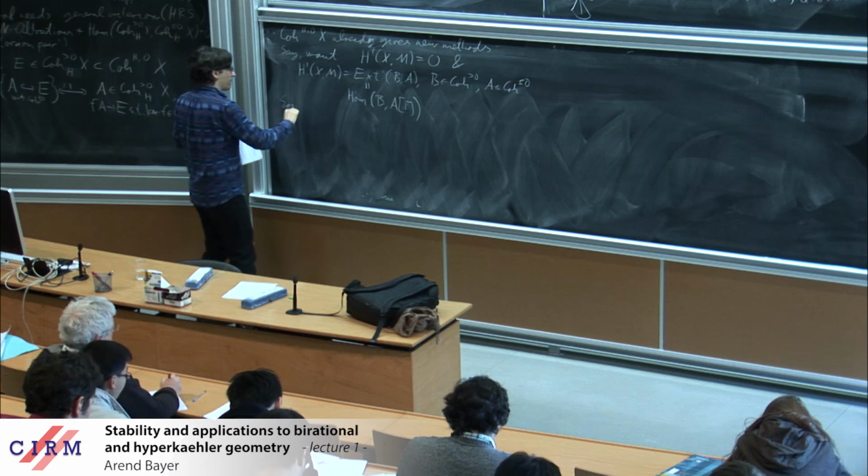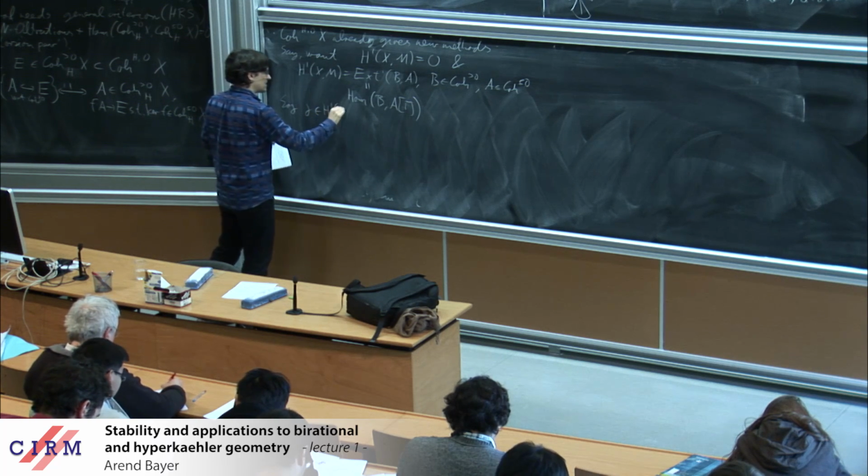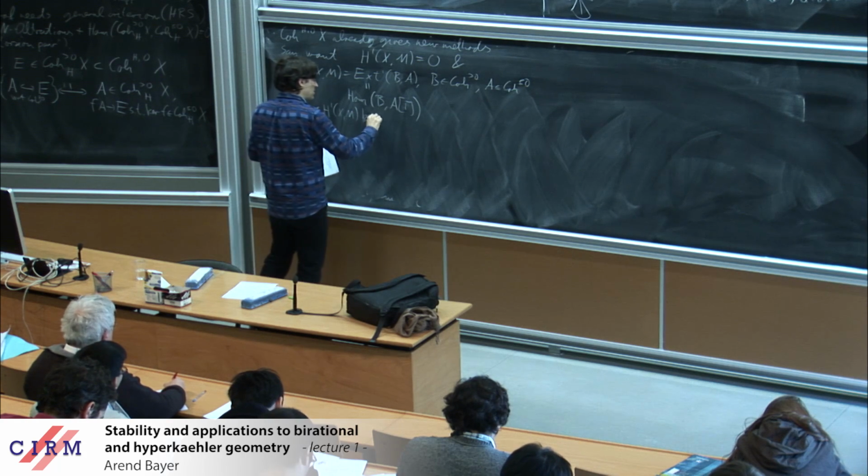And so gamma in this H^1(X, M) becomes a morphism in an abelian category.